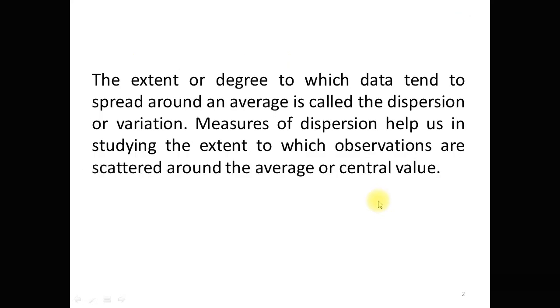We have already learned that the extent or degree to which data tends to spread out around an average is called the dispersion or variation. Measure of dispersion helps us in studying the extent to which observations are scattered around the average or central value.